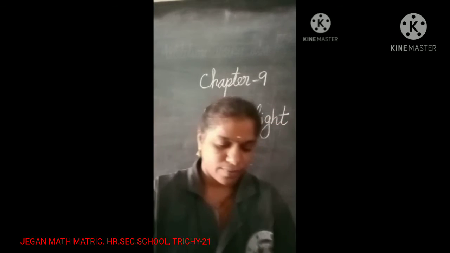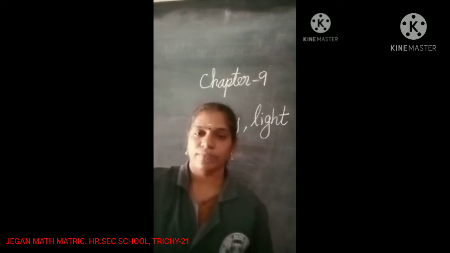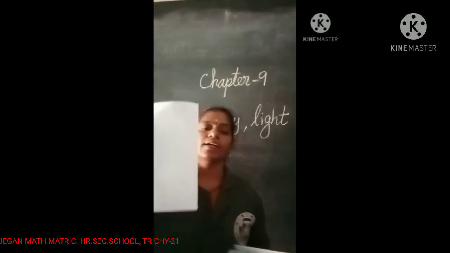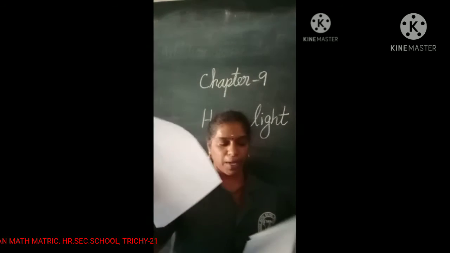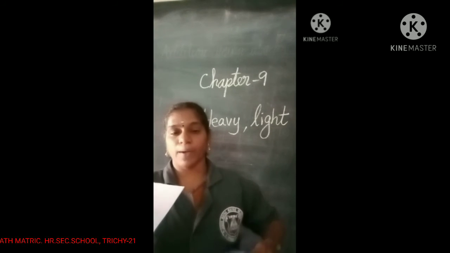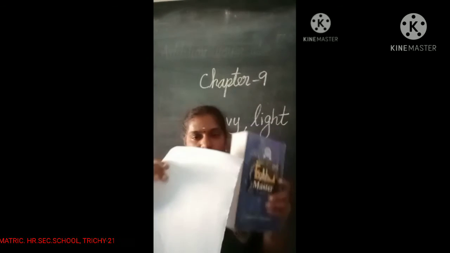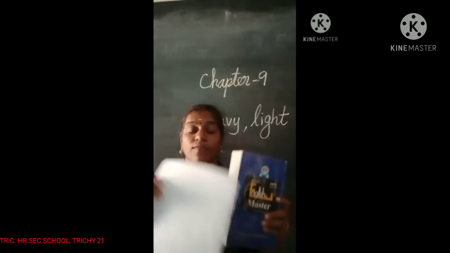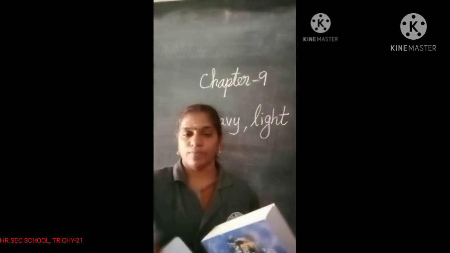Shall we see one more example? Let's see. This is a paper. This is a book. Now compare these 2 objects. Which is the light and which is the heavy object?